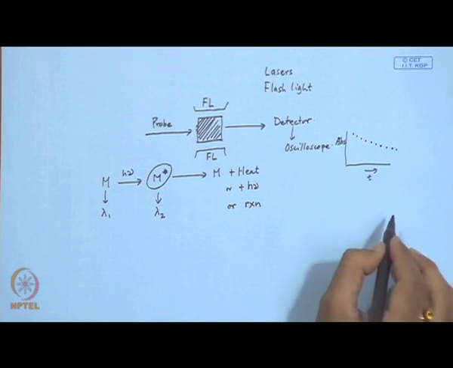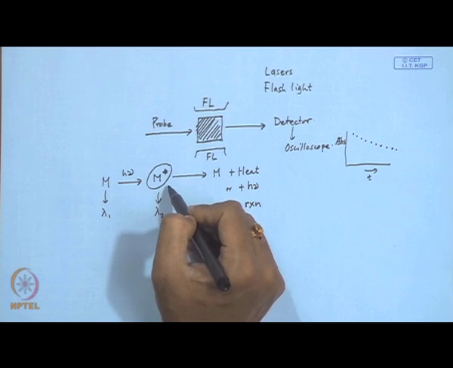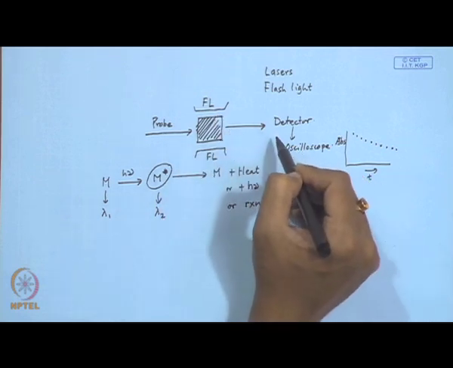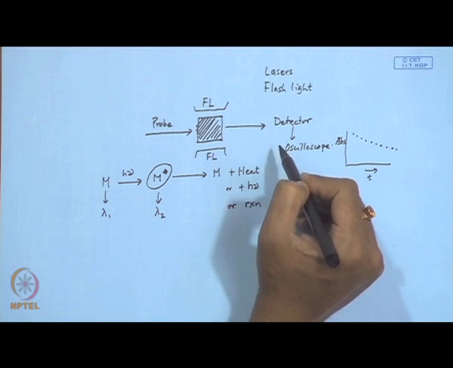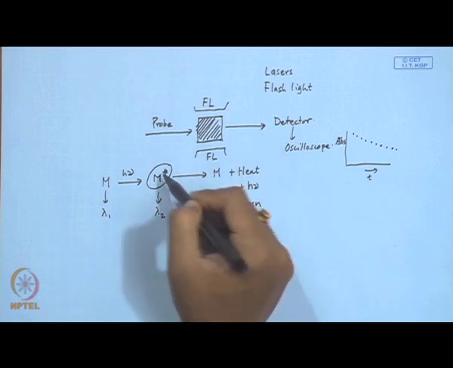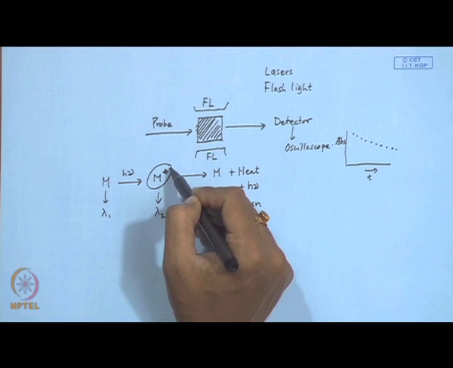What happens is that the probe light, because of this absorption, immediately after the flash is on, this signal is minimum, because immediately after the flash is on, this population is very high.